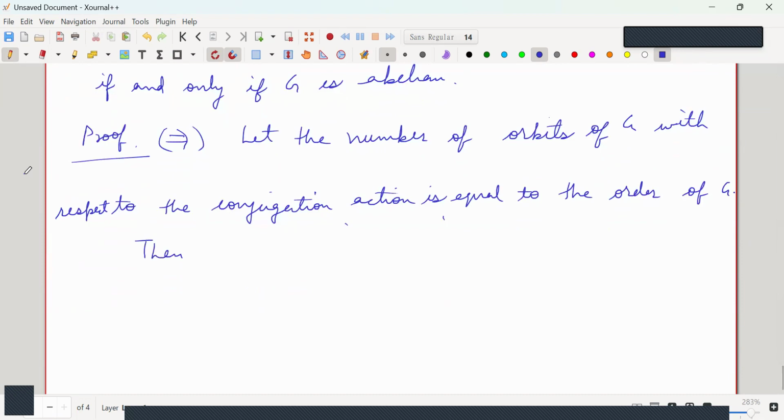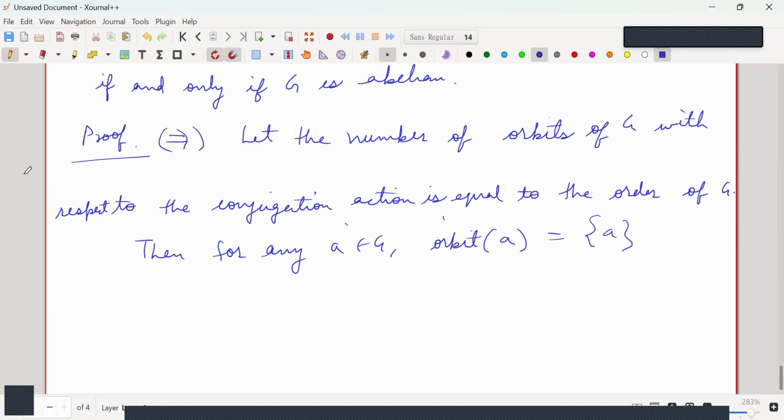Then for any a belonging to G, the orbit of a has to be a singleton element, right? If we are using small a, then we can go with that also. Now for any a belonging to G, the orbit of this a should be a singleton element, right?